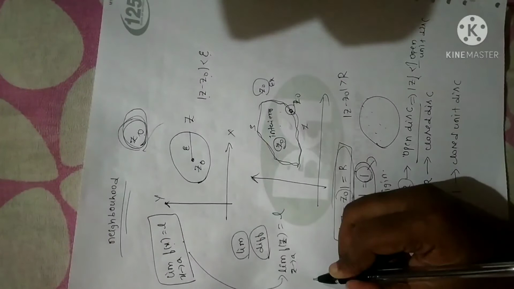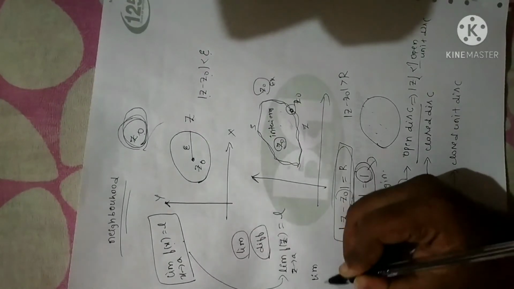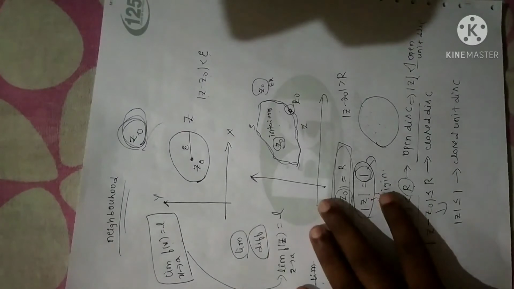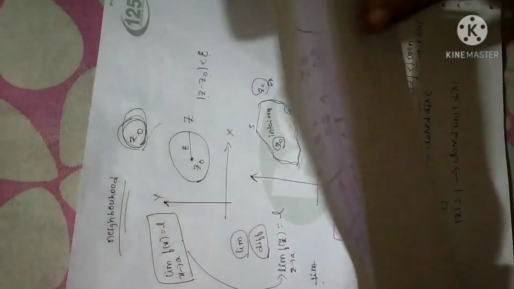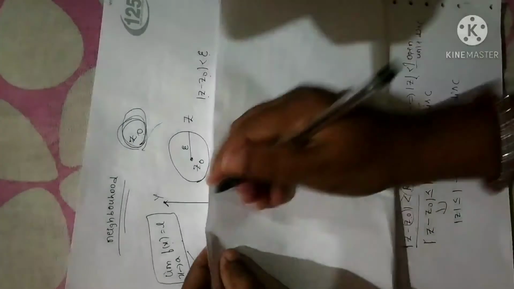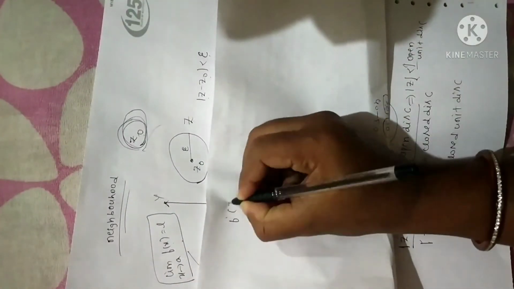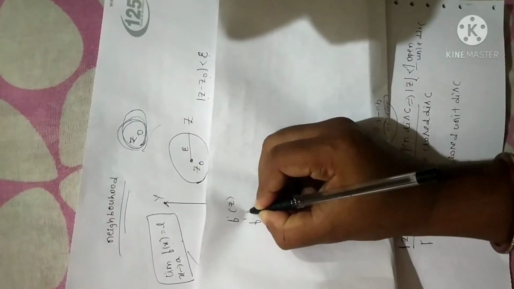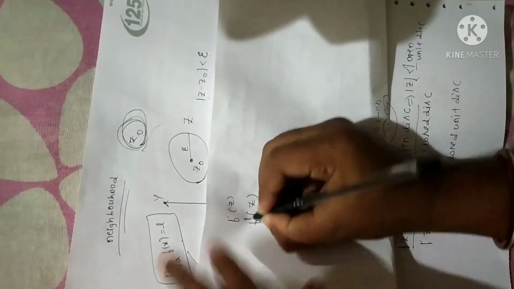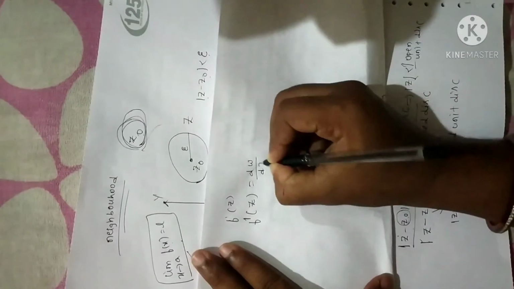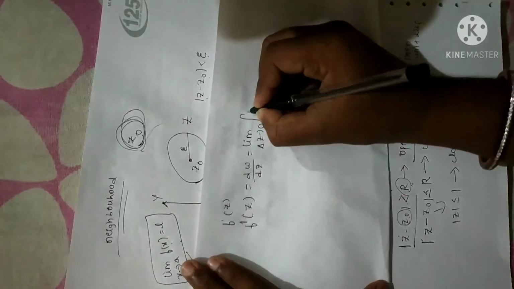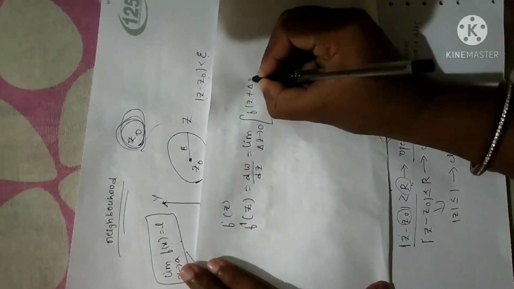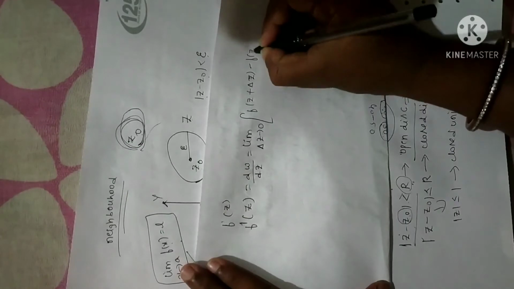Similarly, the differentiability condition. When we say a function is differentiable, suppose I have a function f of z, then if it is differentiable, I can write it as f dash of z, or dw by dz, equal to limit delta z tending to 0 of f of z plus small change minus f of z, divided by delta z.